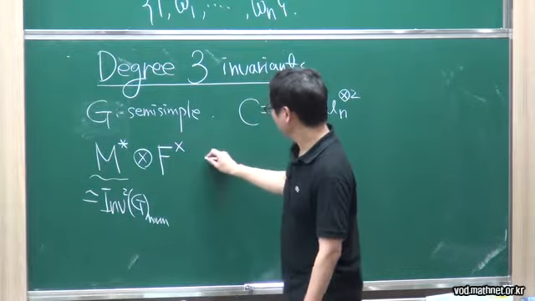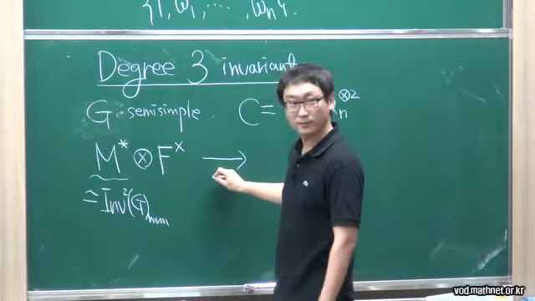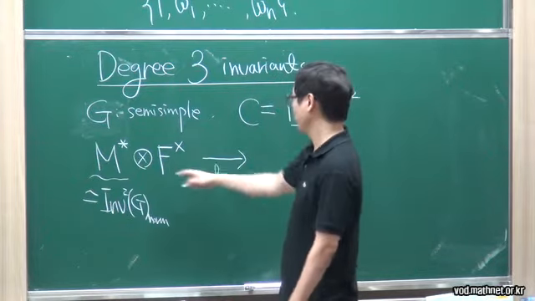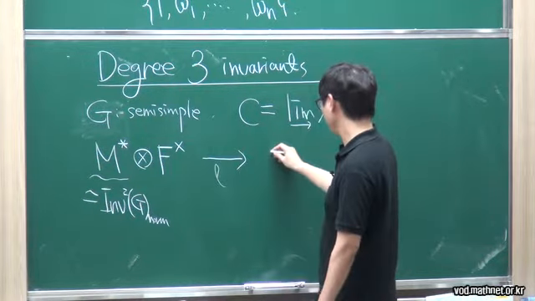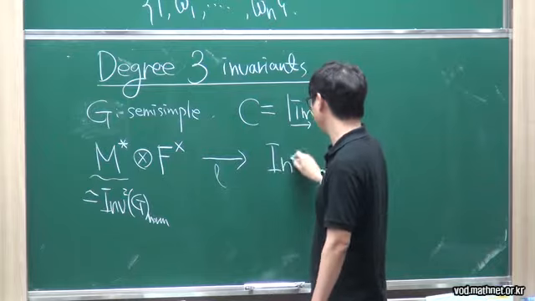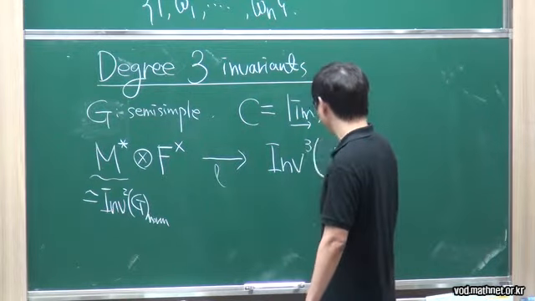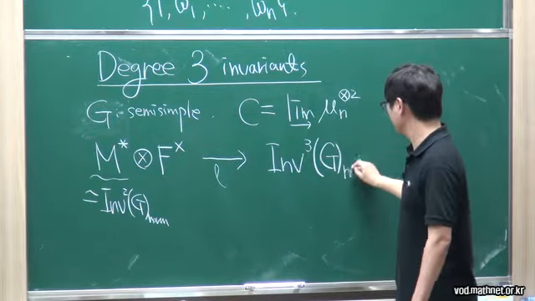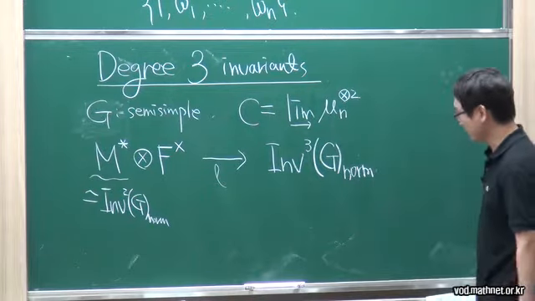And then we have a canonical pairing from this group to degree 3 invariance, the normalized invariance.